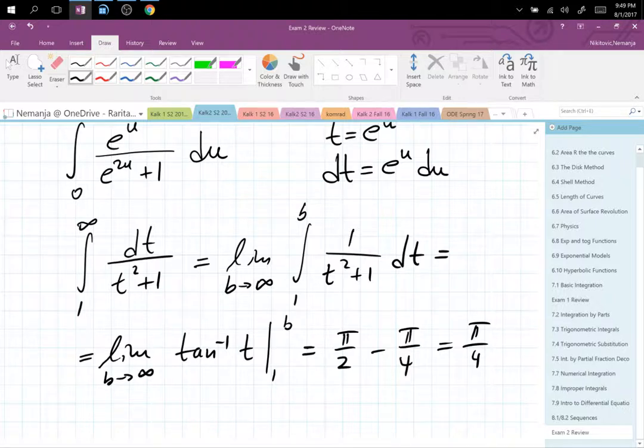Like, for instance, the ln, that one problem in chapter 7.1, where you had to switch out your limits. So whenever you do u sub, or in this case, because u was already used up, I use t, anytime you do substitution is when you switch the limits. That's when you do it. Okay.